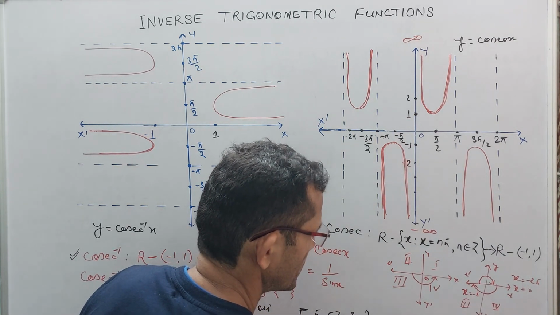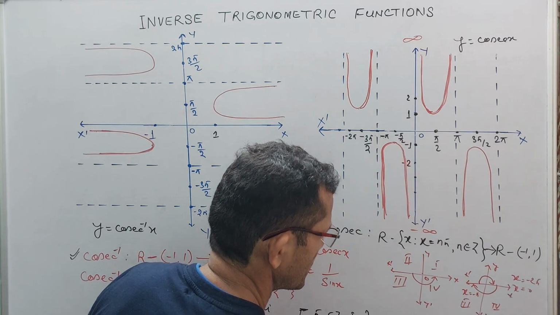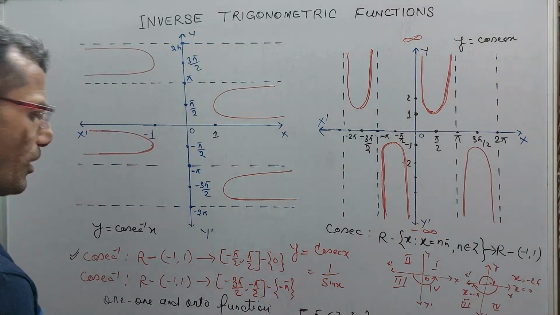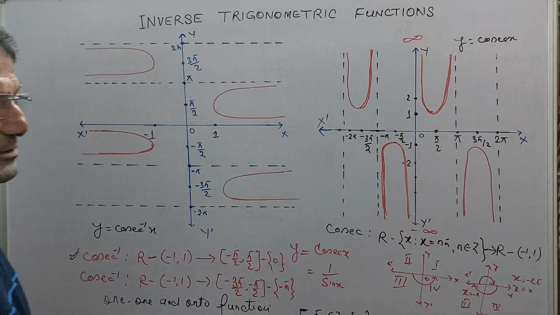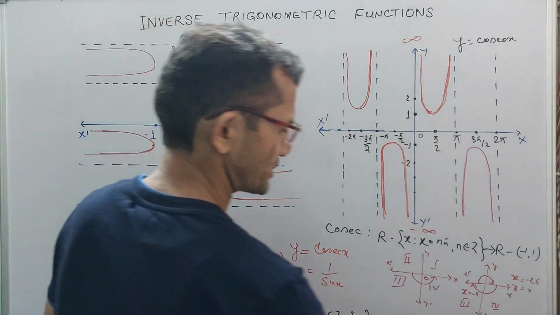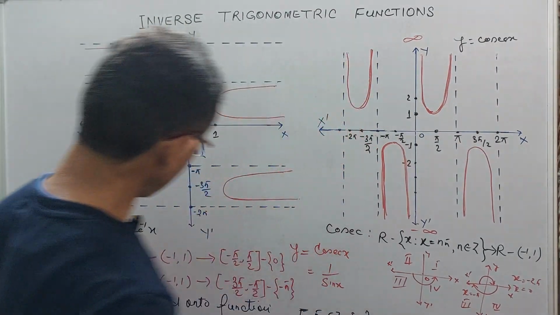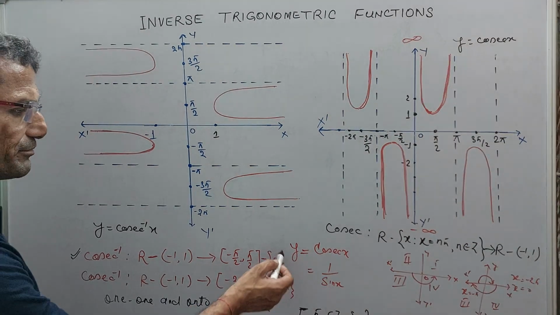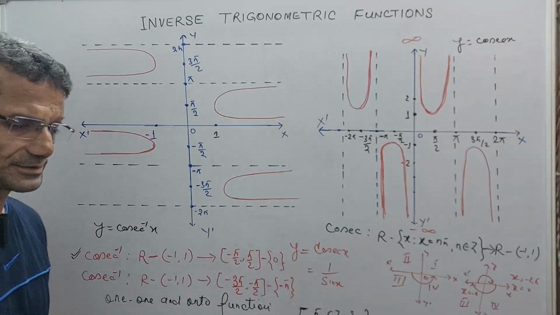So our main consideration will be in the numericals also: principal value branches. If the branch is not given, we go directly to the principal value branch. So this branch will be our principal value branch of the cosec inverse.